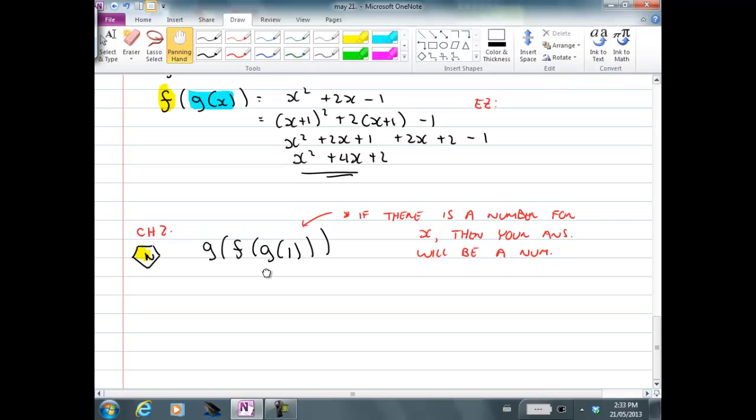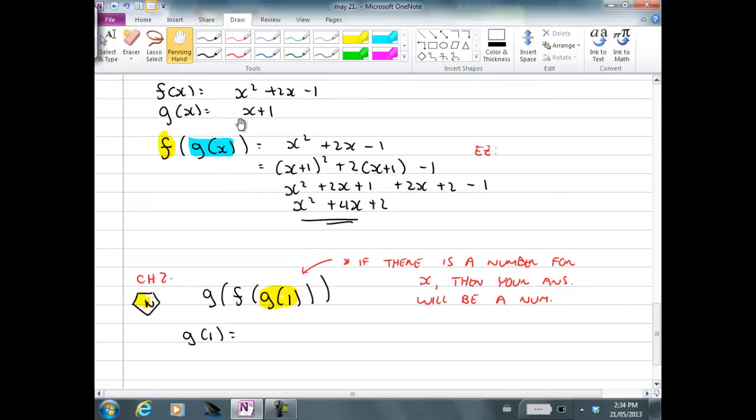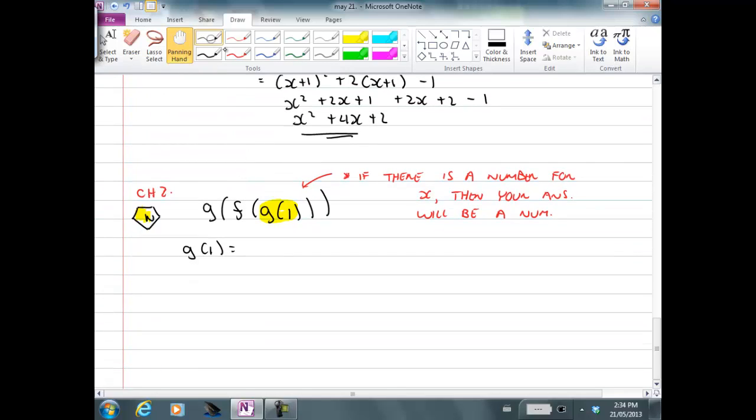But the trick when you have something complex like this is actually better to work backwards. I want you to work backwards right now. Find g of 1. If I sub in 1 here, g of 1, would you agree, becomes 2. So instead of saying f of g of 1, I know g of 1 is 2.